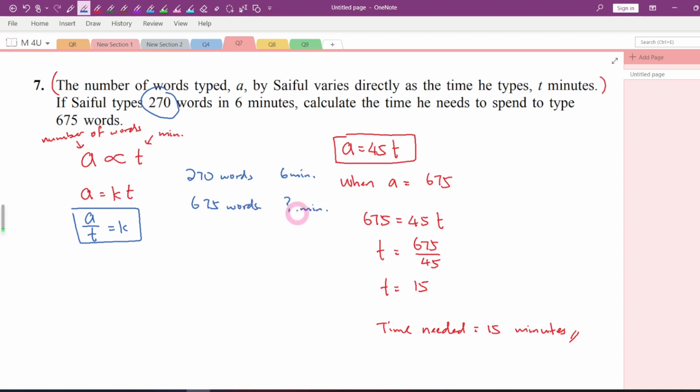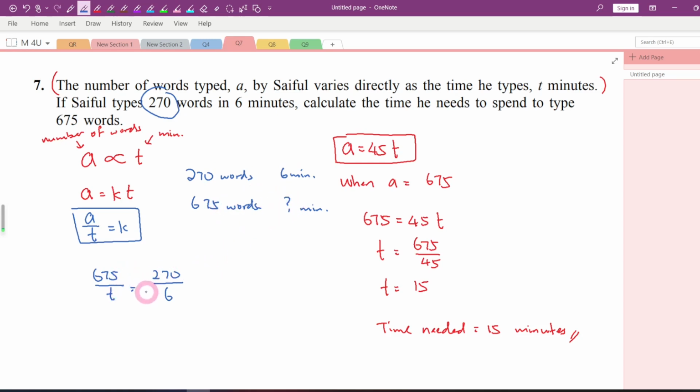Now this is T. So A over T, 675 over T. And this is 270 over 6 minutes, because if he spends 6 minutes, he is able to type 270 words. So if you want to type 675 words, how many minutes does he need?